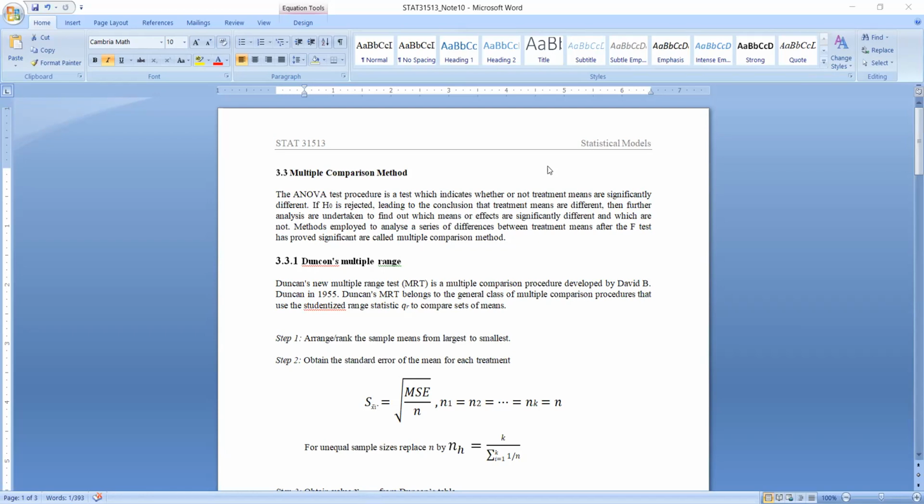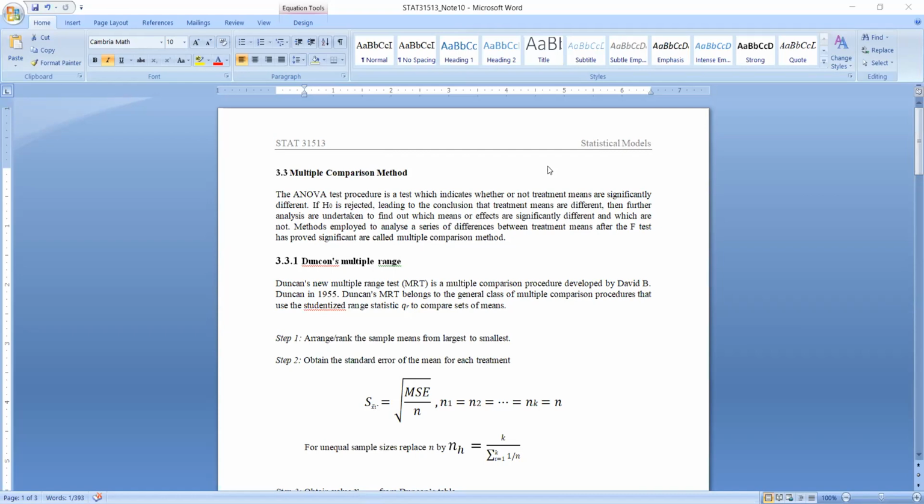between treatment means. One method is known as Duncan's multiple range method, or DMRT. Basically, when you have a one-factor CRD, we check the treatment mean values and compare those values with the standard error of the mean for each treatment.